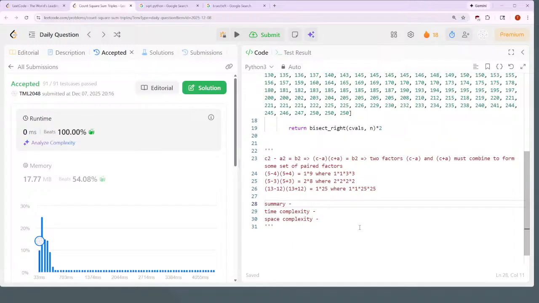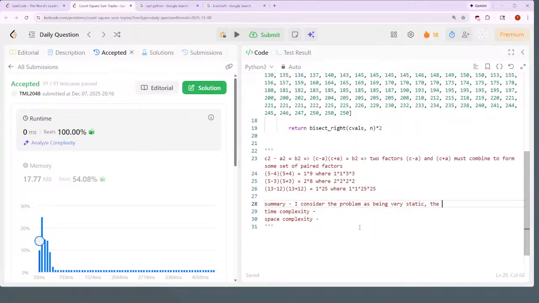But anyways, given the problem, I consider the problem as being very static.